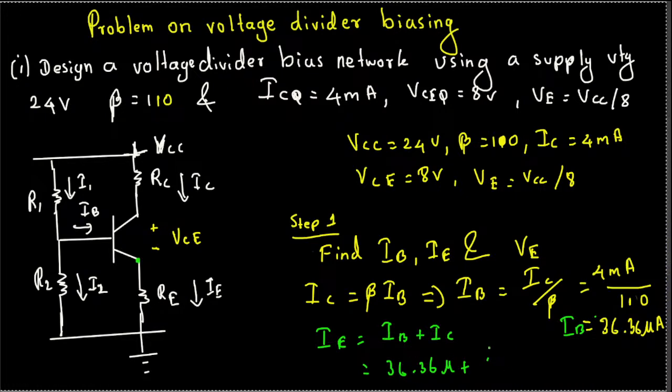So let's keep it as milli here. This is just 4 milliampere. If you add them together, that's going to give you 4.036 milliampere. That's our IE current. And the last one we have to find out is the voltage at the emitter.